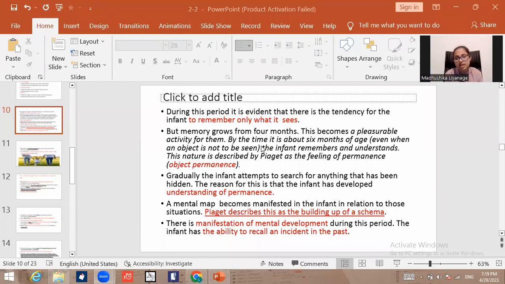Piaget describes this as a building up of a schema, right? It's a very beautiful word, isn't it? Schema. I will explain to you what this schema is. So Piaget describes this as the building up of a schema.